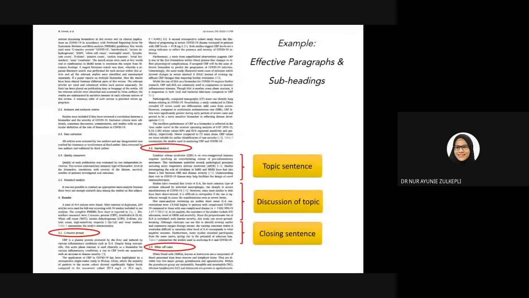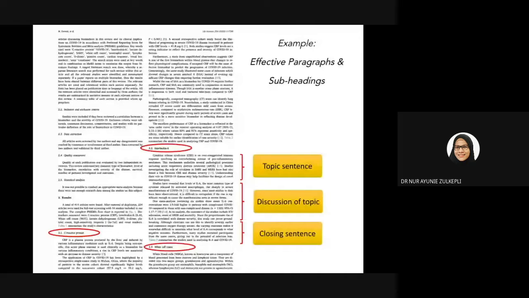And the last sentence is the closing sentence. For example, furthermore, many studies recruited participants from the same center, giving rise to potential selection bias, and so on. So do not forget to include the closing sentence in each paragraph, especially when you write your thesis later, okay?